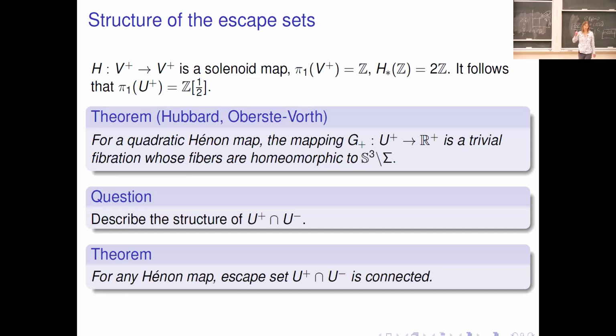Now I want to reach the contradiction by looking at the leaf L. It intersects countably many times, right?